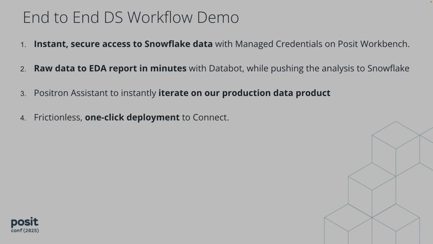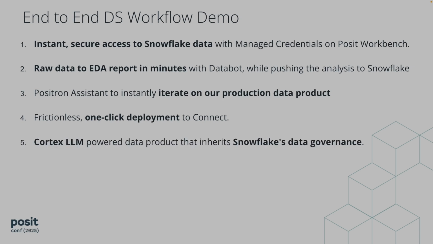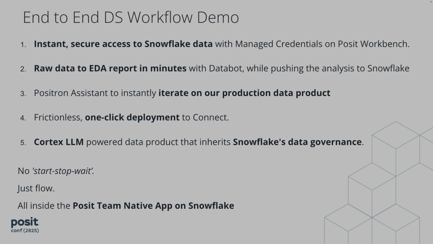We saw a frictionless one-click deployment flow to Connect. And finally, we delivered a fully governed, secure data product that inherits Snowflake's data governance. This is the end-to-end data science workflow. There's no start, stop, wait pattern, just flow, all inside the Posit Team Native App on Snowflake.